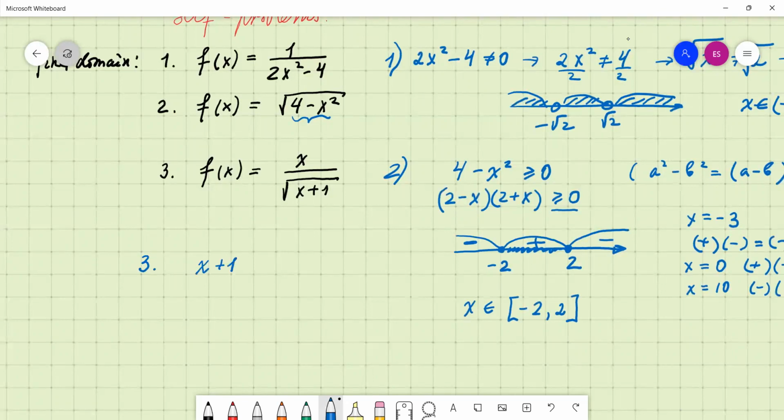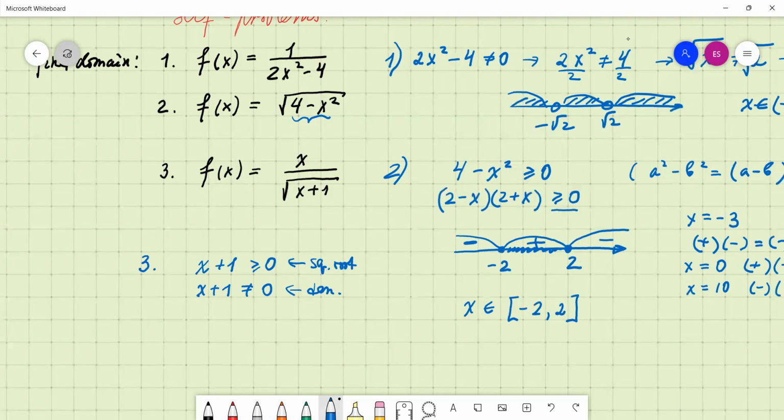I'm going to write down x plus 1 is greater or equal than 0, and x plus 1 is not equal to 0. This one is the denominator, and this one is the square root restriction. So the denominator cannot be equal to 0, and the square root cannot be extracted of negative numbers.